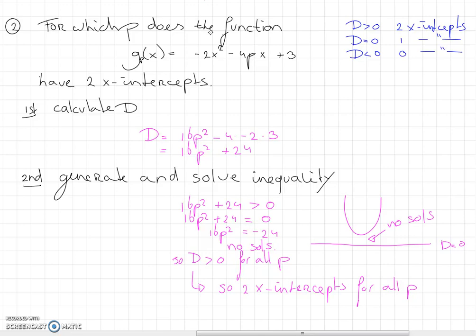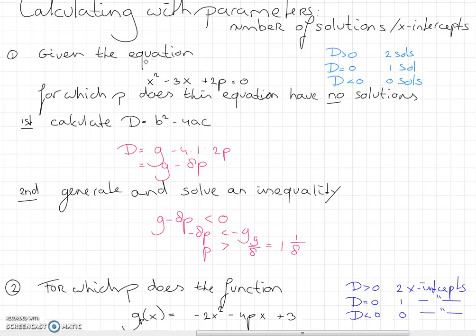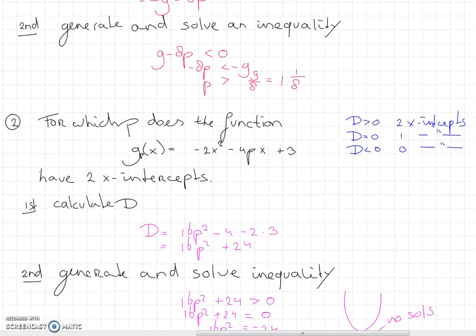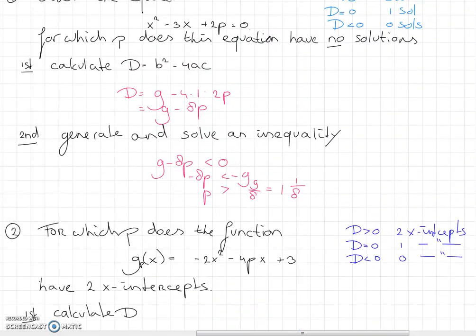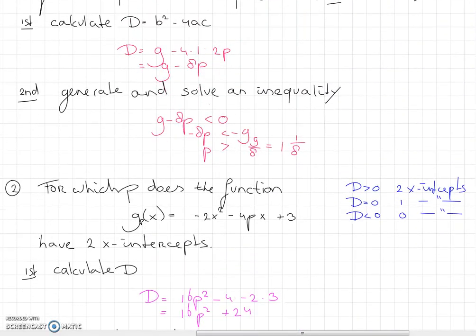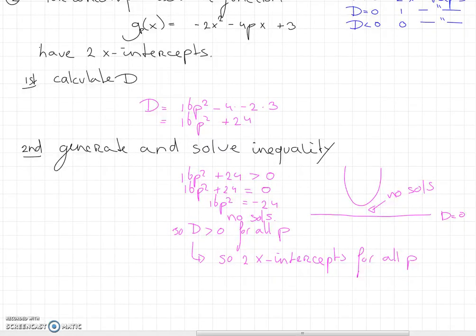So in situations like this, for example, when you have an equation and you want to know how many solutions it has, and the equation is quadratic, or you have a quadratic function and you want to know how many x-intercepts it has, what you do is calculate d in both cases, and when you have d, you can generate an inequality.